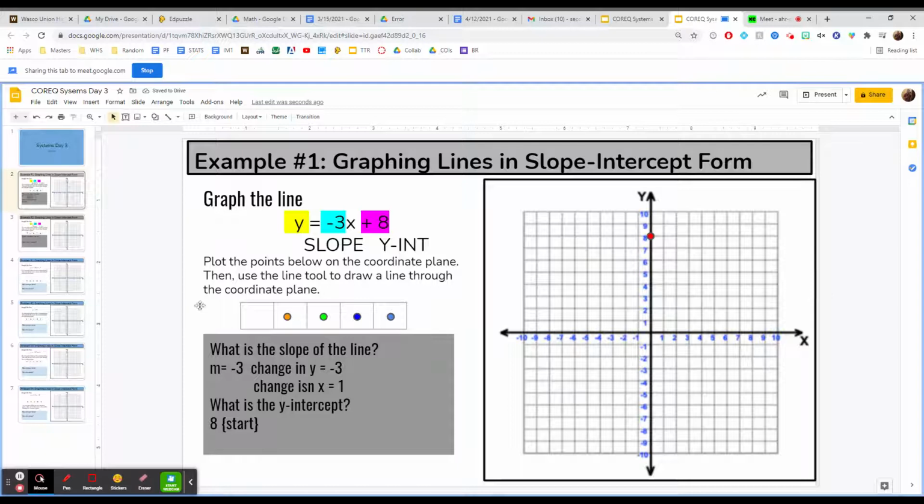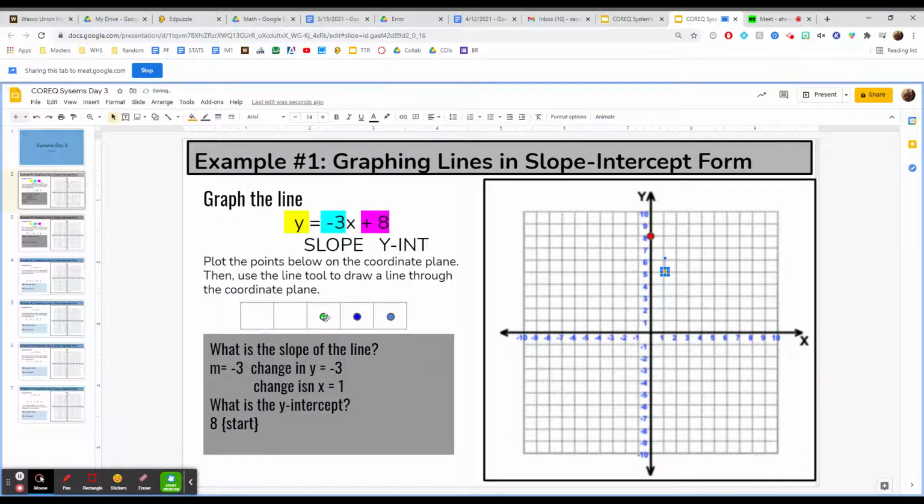Then I'm going to drag a couple of these ones so that I have a clearer vision of where the y is. Okay, so the change in y is 3. Since it's negative, I'm gonna go down 3 from here, 1, 2, 3. And the change in x is 1, so over 1.